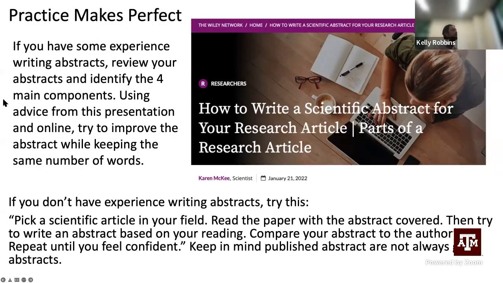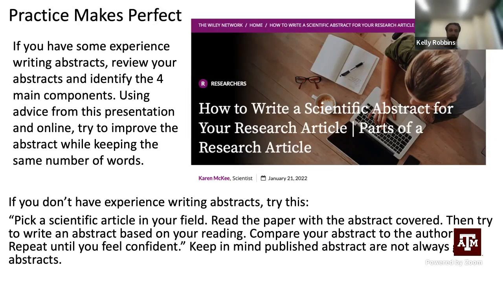But I would go through and review your abstracts. I would repeat the exercise I did of seeing whether I can clearly pick out these 4 components, and then using some of the tips from this presentation or online, I would try and rewrite those abstracts to improve upon them, right?